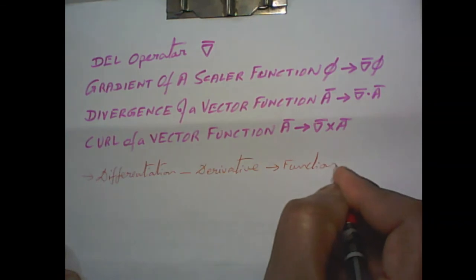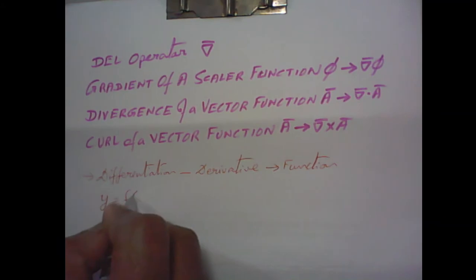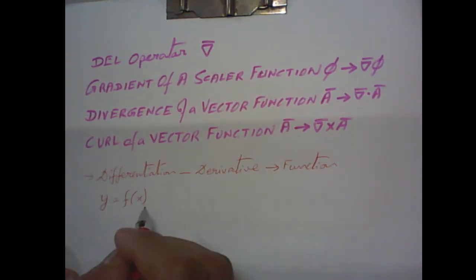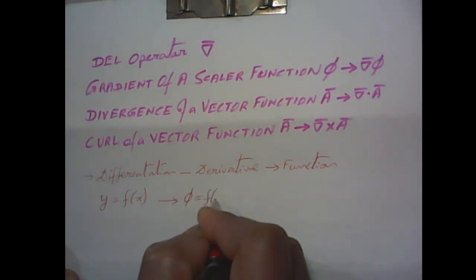So what is a function? A function is something having two variables, one dependent and one independent. y is a dependent variable, it varies with x, so we say y is a function of x. Or simply, let us put it, phi is a variable which is a function of x.